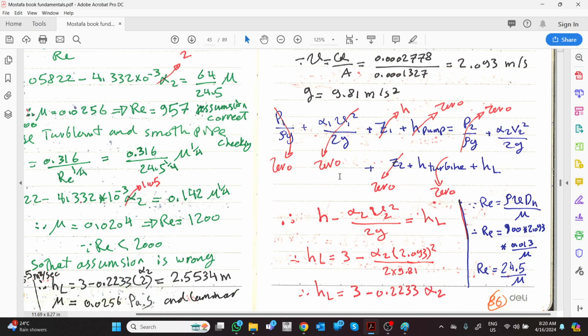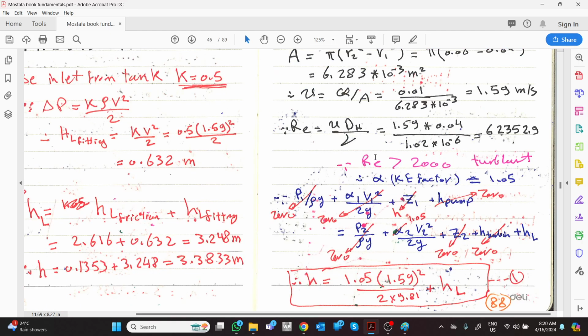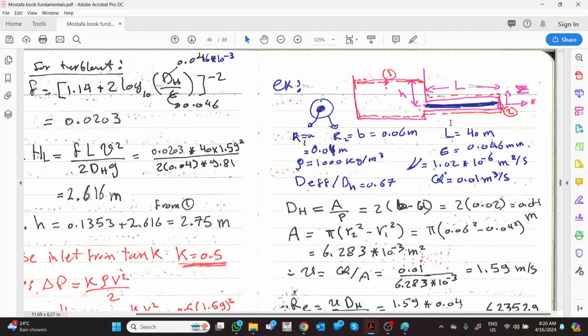Okay. Now we will go to the next example. Next example, there is a rod in the middle. You have the length. You have gamma.